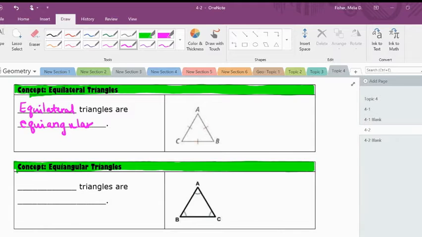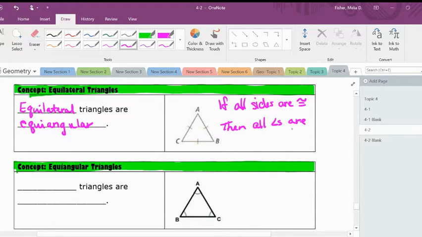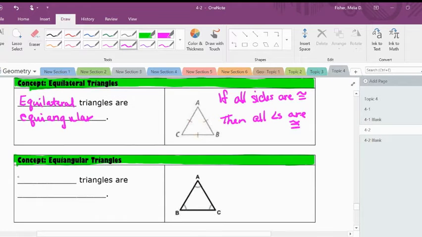So if all sides are congruent, then all angles are congruent. And equiangular triangles are also equilateral. So the converse is true.